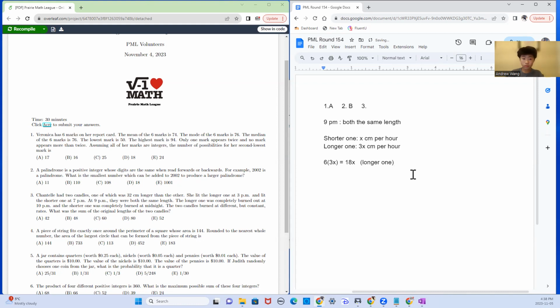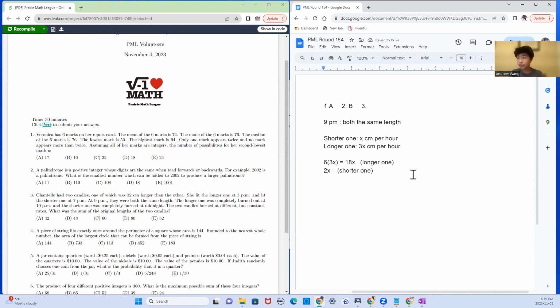Now for the shorter one, it was only lit for 2 hours. Since it burned x centimeters per hour, it burned for 2 hours, so 2x is how much the shorter one burned.